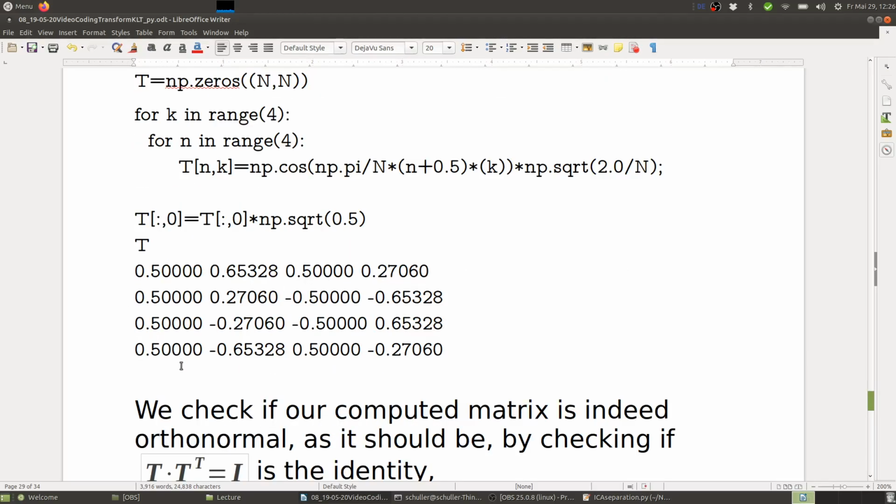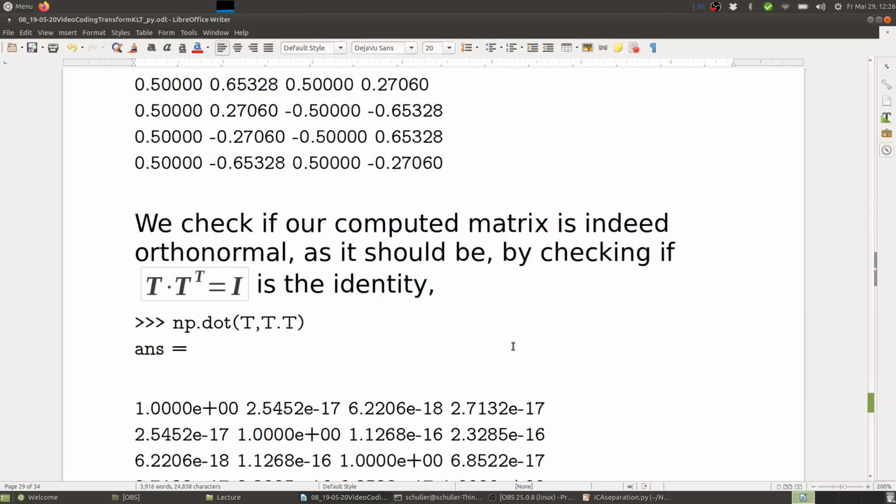And this leaves us to this transform matrix. So again we see here 0.5 for the first column. So this is exactly what we just observed for the KLT. And then again we have positive, positive, negative, negative, plus, minus, minus, plus, and then plus, minus, plus, minus. So it's very similar to the KLT.